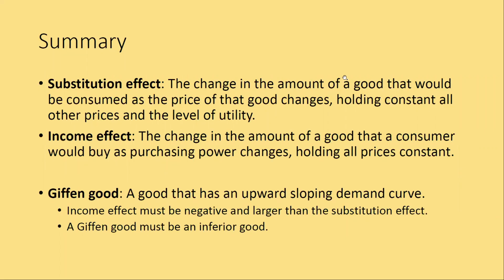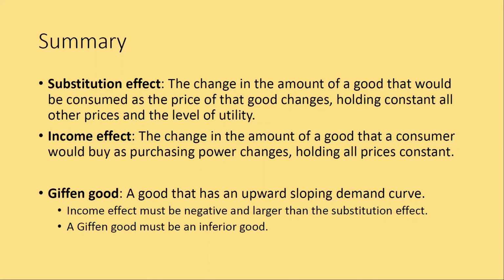All right, we are ready to summarize this lecture. So I've been talking about substitution effect and income effect, but I haven't given them a definition yet, because I think they are much easier to understand on the graph than by those words. But now we are ready to go to the description of it.